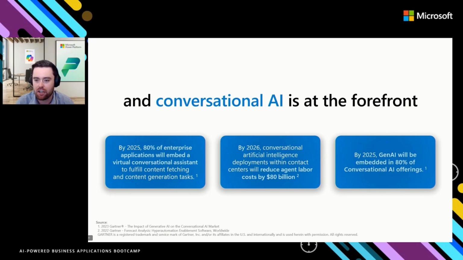There'll also be a reduction in agent labor costs by about $80 billion by 2026, thanks to these conversational AI use cases within contact scenarios. And by the end of the year, Gartner is predicting that 80% of conversational AI offerings will have some form of generative AI embedded to enhance those user experiences.